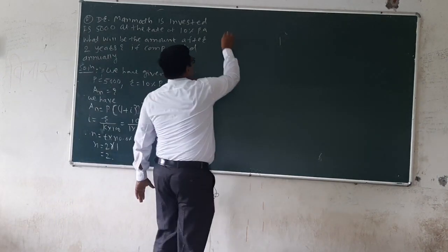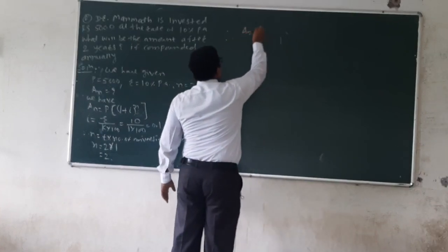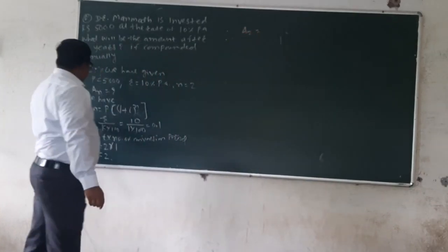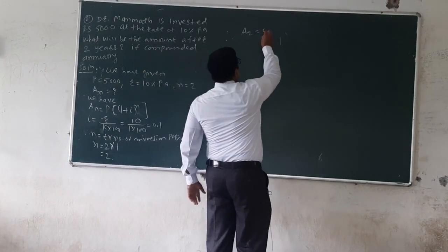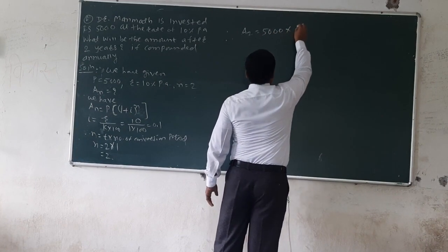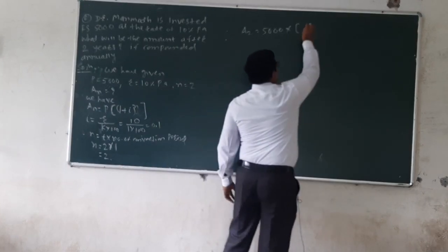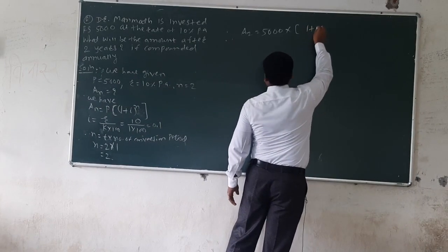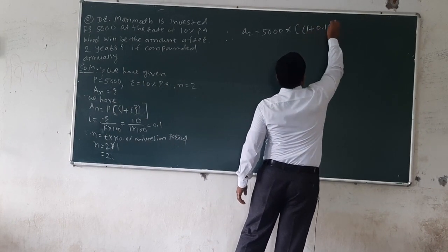Now AN, that is N equal to 2. Therefore A2 equal to principal 5,000 into (1 plus I), I is 0.1, raised to power 2.